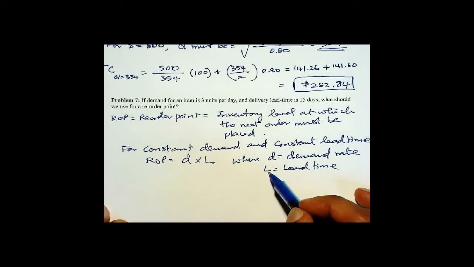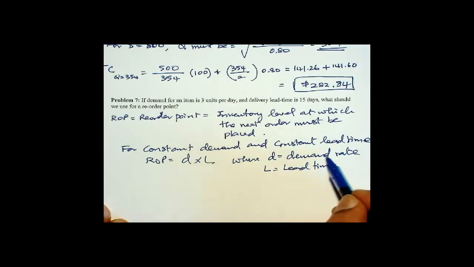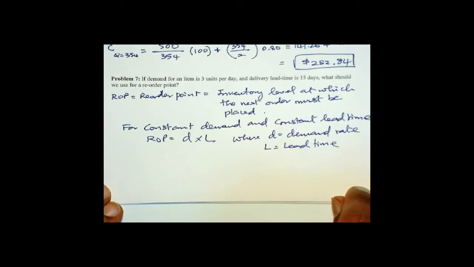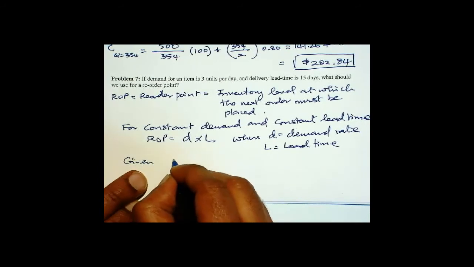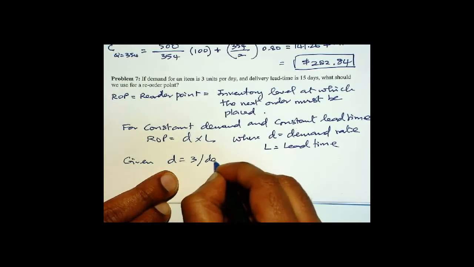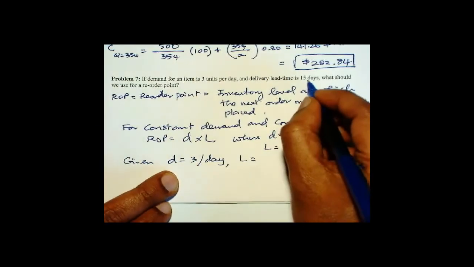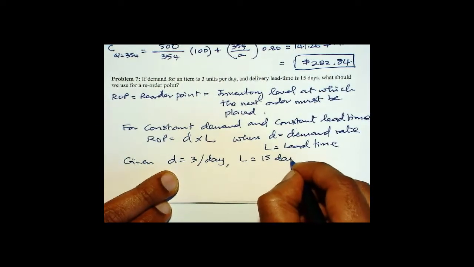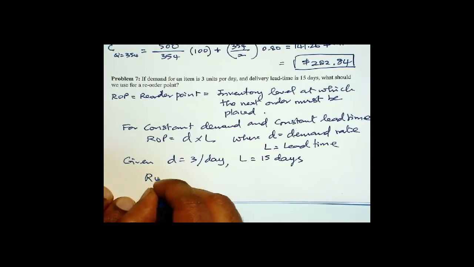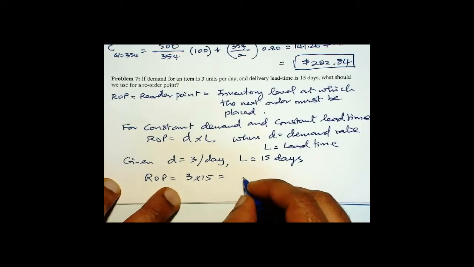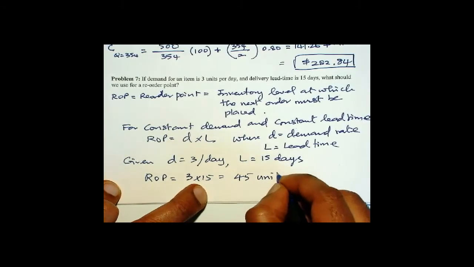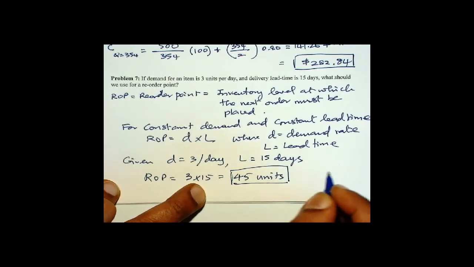So if lead time is in weeks, then D must be demand rate per week. If the lead time is in days, then the demand rate also must be per day. So given D is 3 per day, L is 15 days, ROP is 3 times 15, equal to 45 units.